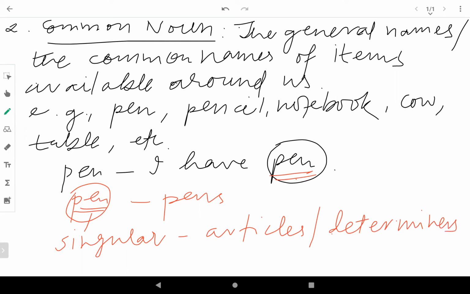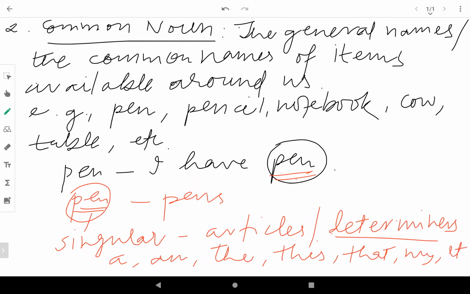Now, what are the articles? A and the. Determiners: words like this, that, my, etc. Now, in this particular sentence, I have a pen.